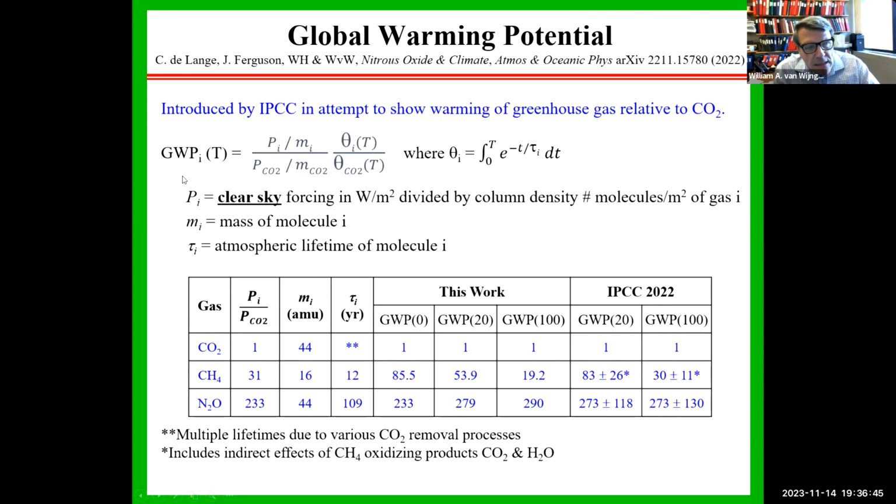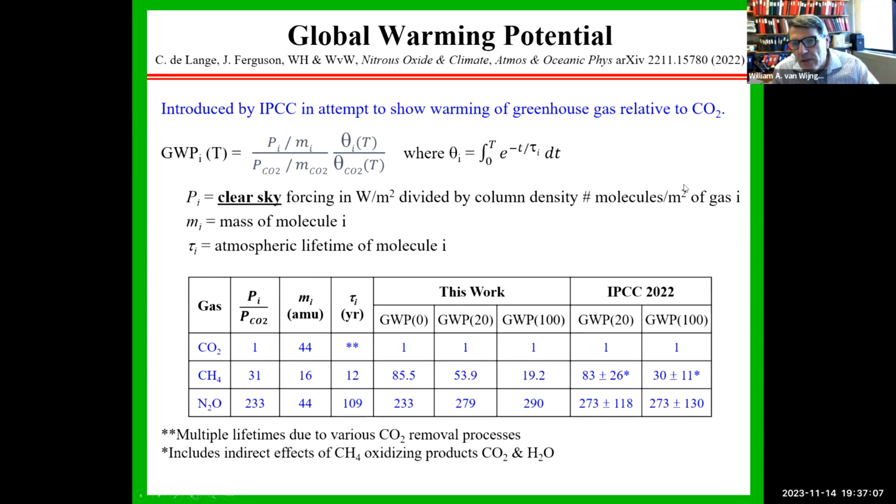So the definition is that we find the global warming potential for a gas I for a given time period, capital T. We first consider the radiative forcing of gas I, and we divide by the column density. The forcing is in units of watts per square meter.